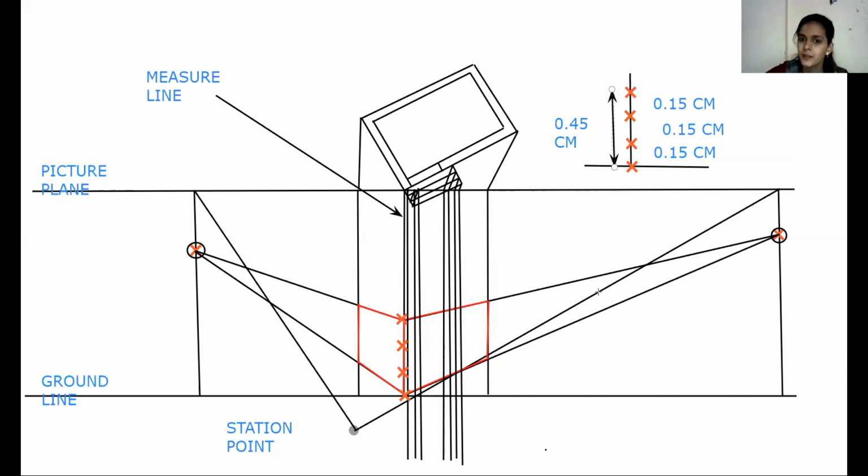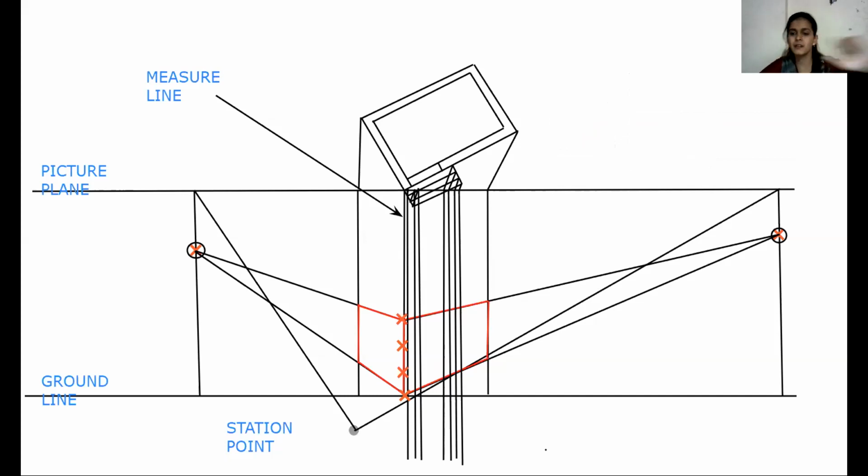So this way we need to mark the 4 points, and I have already marked them in our main drawing. Now connect all the points with our vanishing point. We have to connect all these 4 points with our left side vanishing point, but we need to consider a little accuracy.